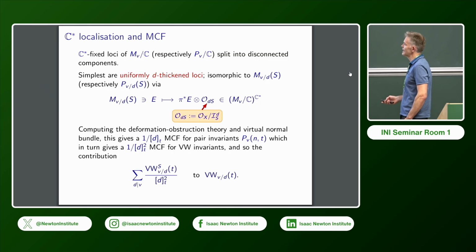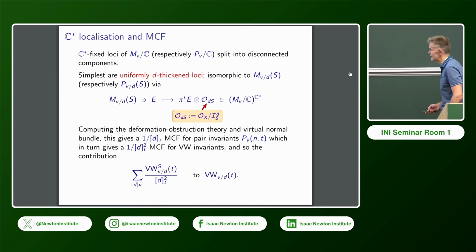Okay, and so what you find is that these uniformly thickened parts of the moduli space contribute this to the Vafa-Witten invariant. So for every divisibility of the Mukai vector, you look at sheaves supported on S, you take their contribution and you divide by this D squared, this refined D squared.